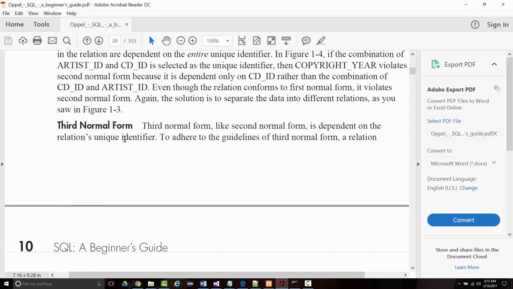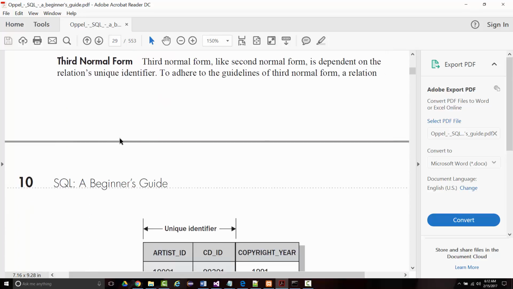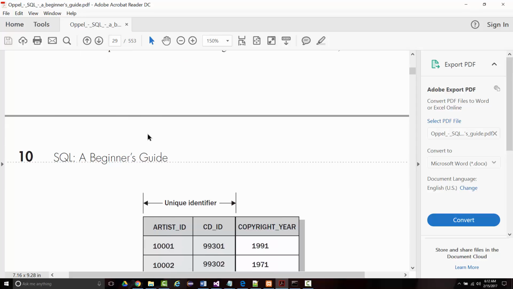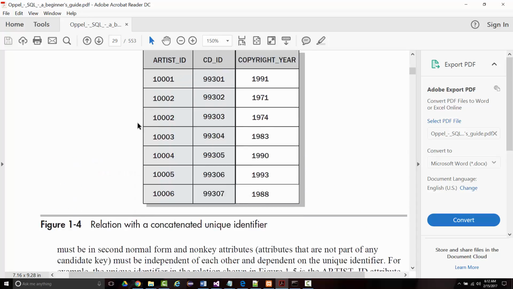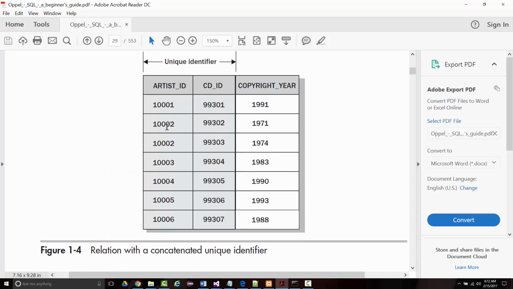Then you go to third normal form. Once you get into first normal form, then you can get into second normal form. So in other words, second normal form implies you're already in first normal form. Third normal form implies that you're already in second normal form. And they give an example here, so they've added another field to this artist ID, artist CD table.